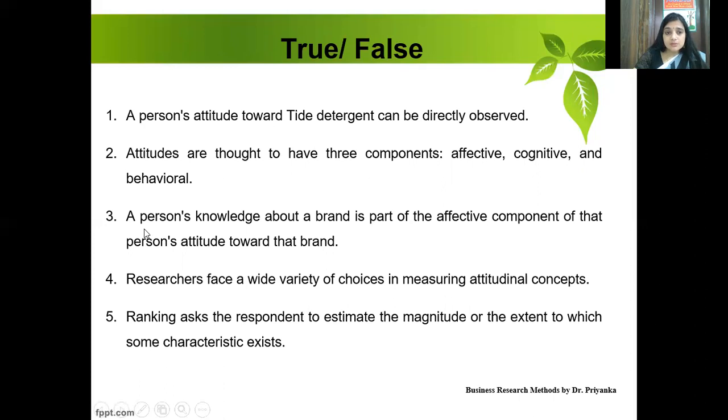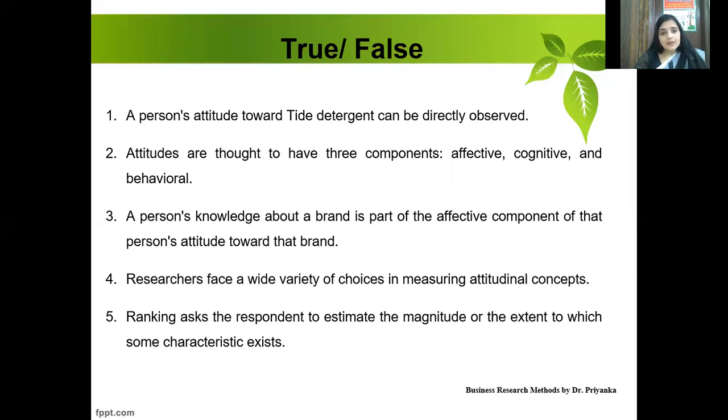So it is false. Researchers face a wide variety of choices in measuring attitudinal concepts. Yes, they have a wide variety of choices. We have discussed them in detail just now. So it is true.